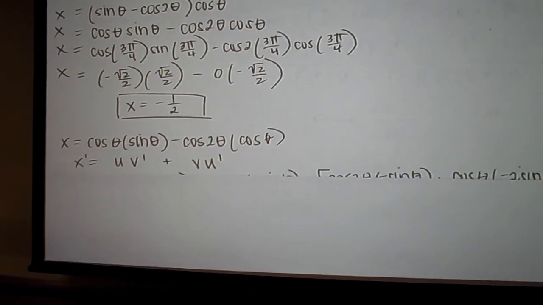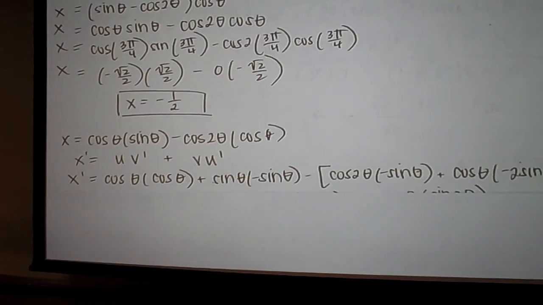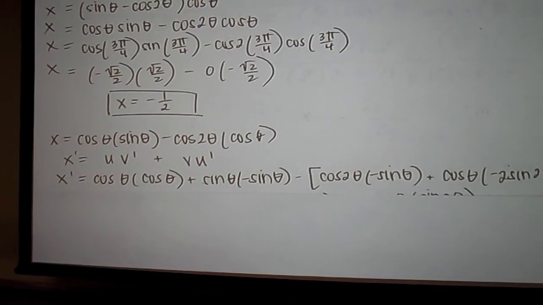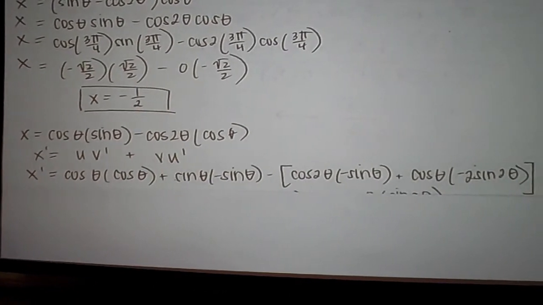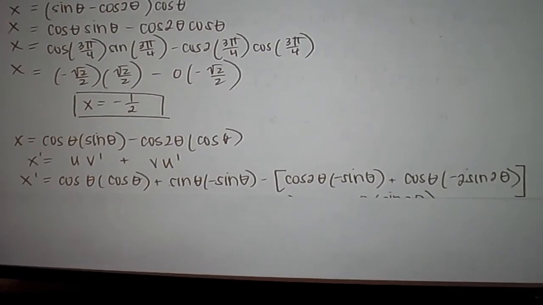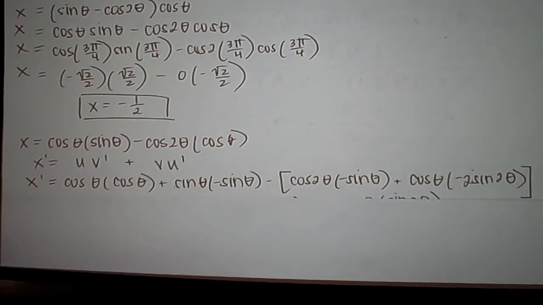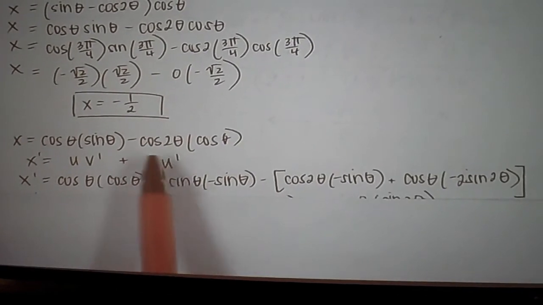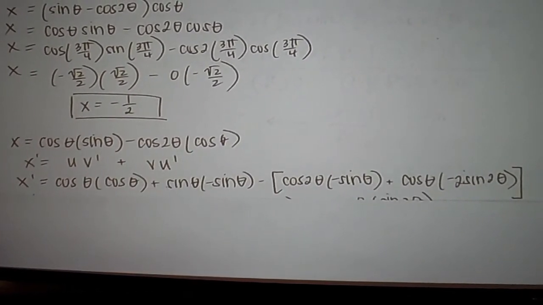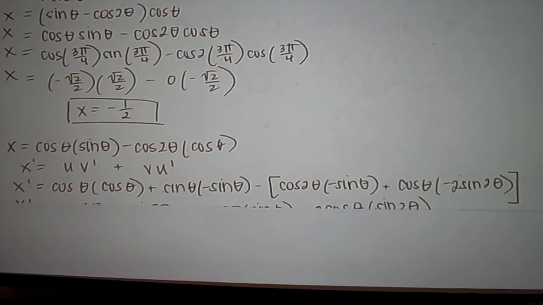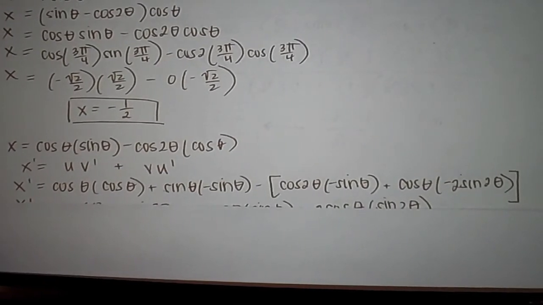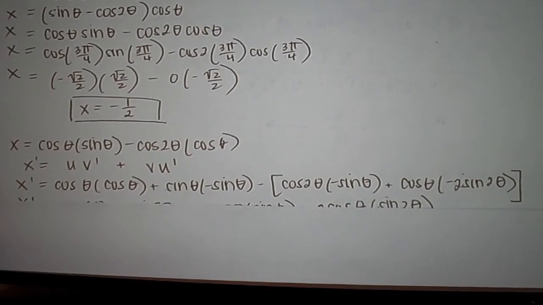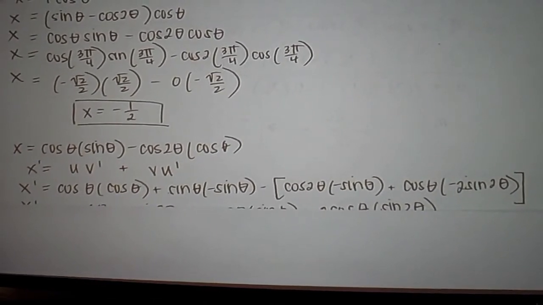We know the product rule. So it'll be cosine theta times the derivative of sine, which is cosine theta, plus sine theta times the derivative of cosine theta, which is negative sine theta. And then we derive the second part, which would be equal to cosine 2 theta times negative sine theta plus cosine theta times negative 2 sine 2 theta.